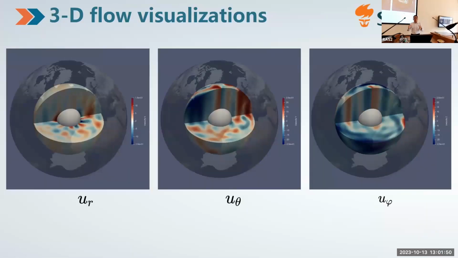Because, as I said, as long as we get the coefficients of the inertial modes, we can reconstruct this three-dimensional flow in the outer core. And this is the reconstructed three-dimensional flow. Here are the three components, and this is the equatorial plane. From the equatorial plane, we can see this small-scale convective flow.